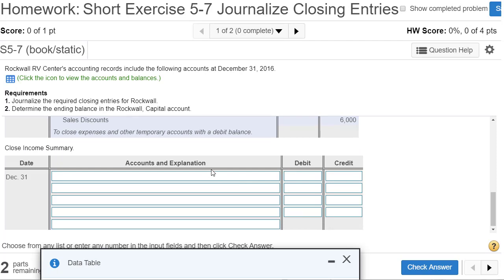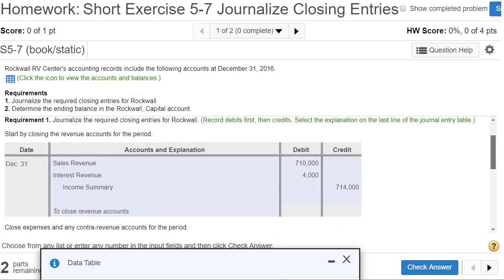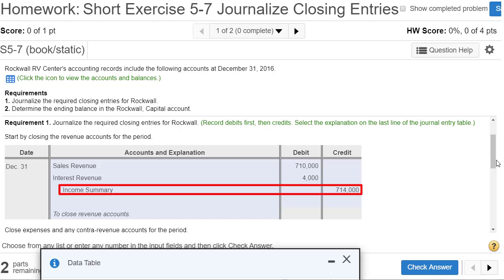Okay, and then the third step, remember the REID. The third step is closing income summary to capital. So before we can close income summary, we have to figure out, well, what's the balance of income summary? So here's what I'm going to do. Notice I have income summary here, 714,000.